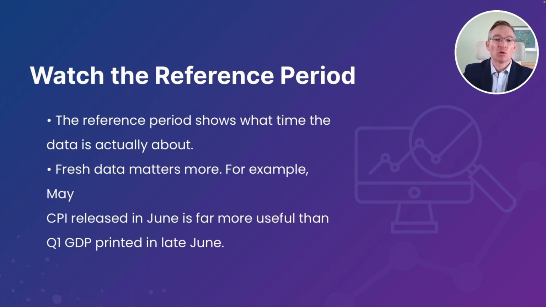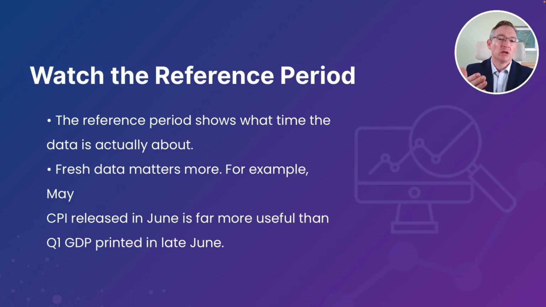For instance, one of the earliest releases that we have about the US economy is the non-farm payrolls print. And remember, that is released in the following month that it relates to. So for instance, July's release relates to June. So it's quite a quick reference period.